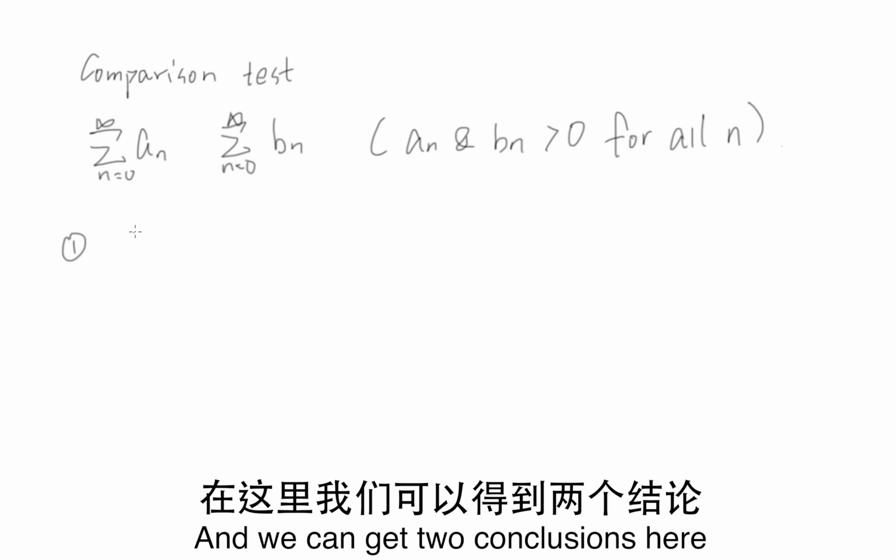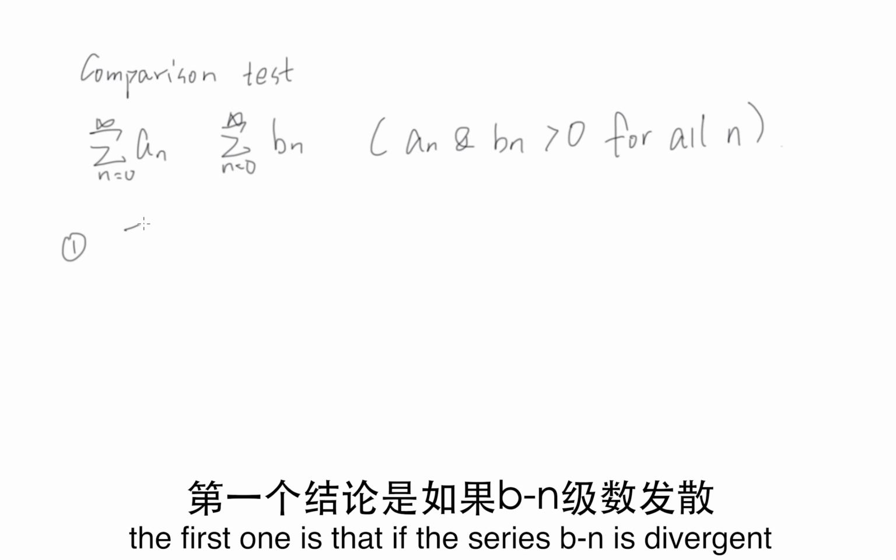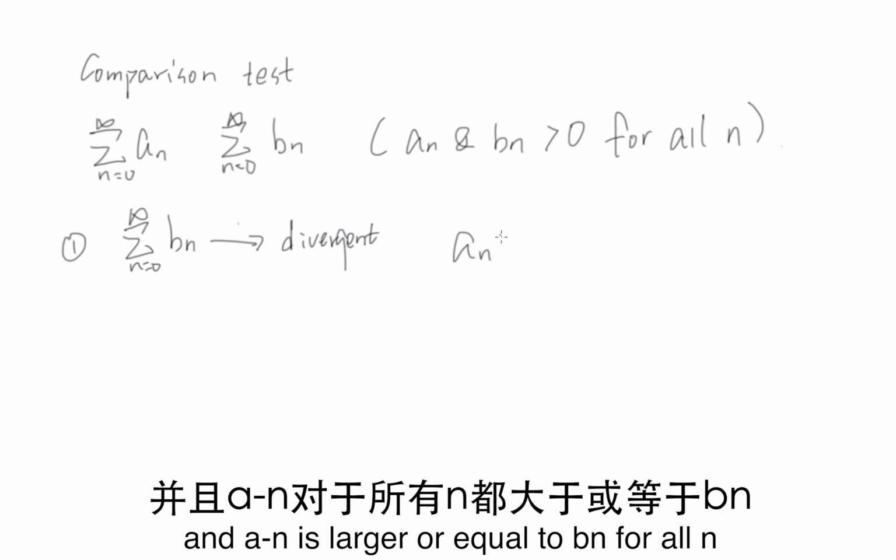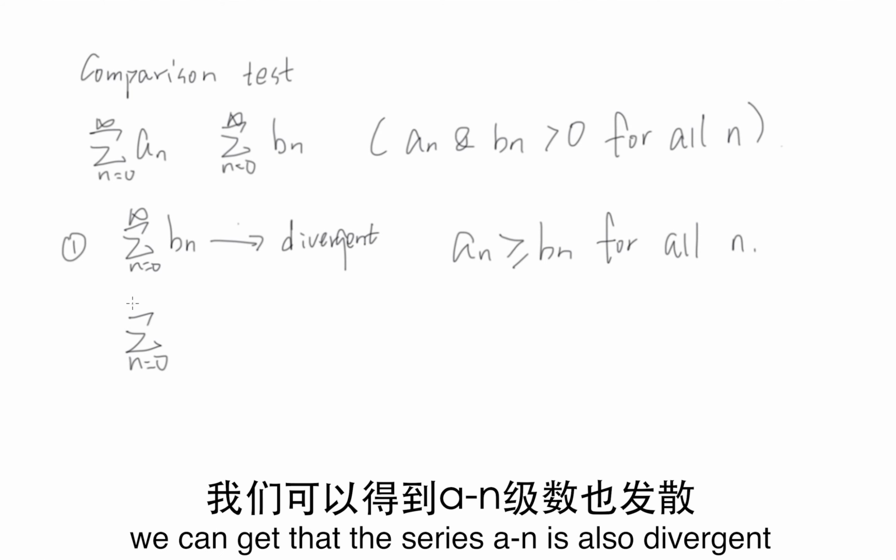And we can get two conclusions here. The first one is that if the series bn is divergent and an is larger or equal to bn for all n, we can get that the series an is also divergent.